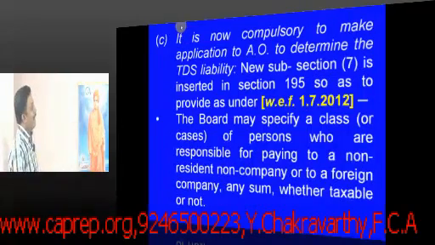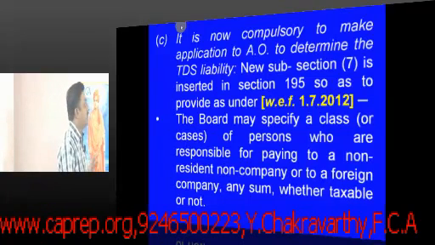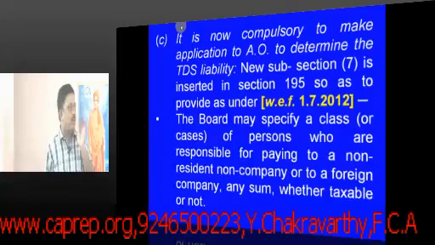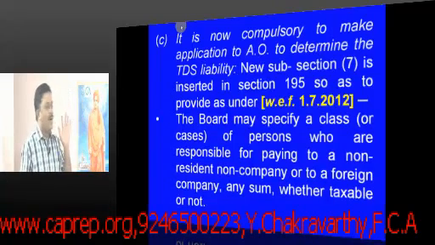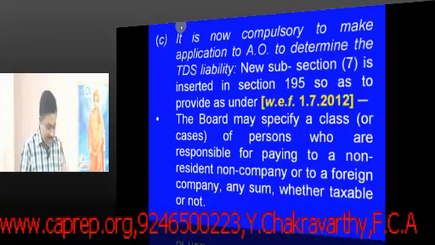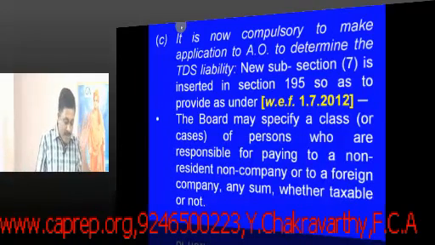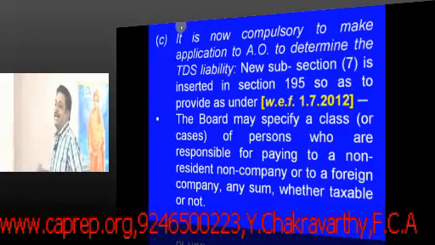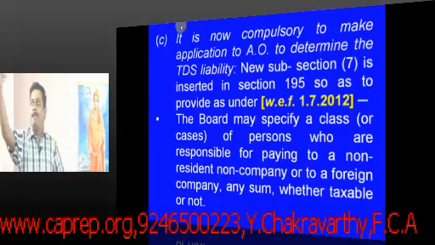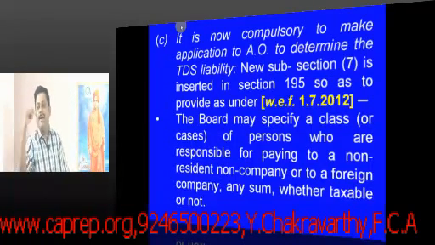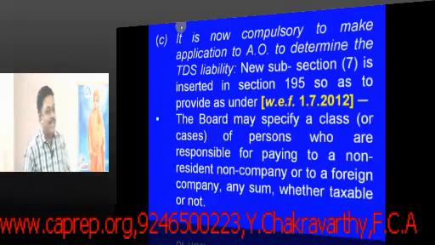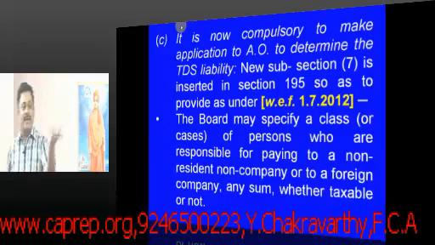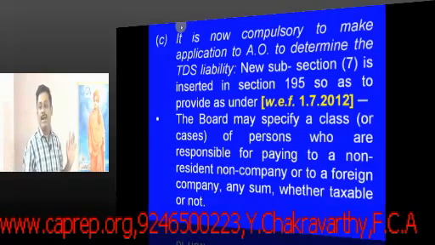It is now compulsory to make an application to the assessing officer to determine the TDS liability. Earlier, if some doubt came, an opinion from a chartered accountant was okay. Let us suppose one person comes to me and says, Chakravarti sir, I am making a payment to a non-resident. Will this payment attract the TDS provisions? Then I can write on my letterhead whether it is going to attract or not.